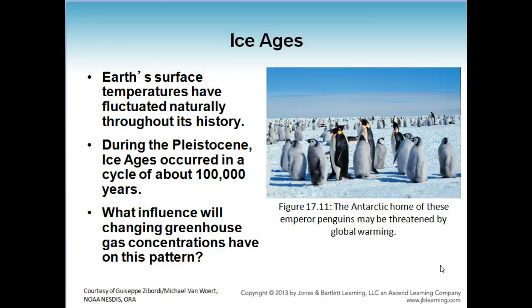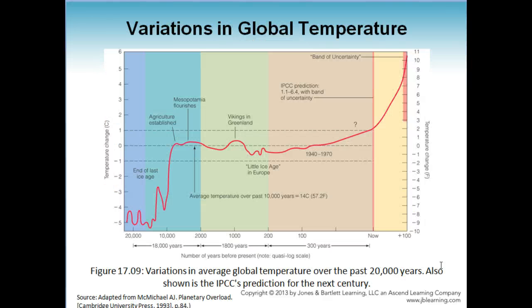We're not quite sure what influence changing the greenhouse gases will have on this pattern. You can see that a drop in the average temperature on the planet of 5 degrees Celsius correlates to the last ice age.